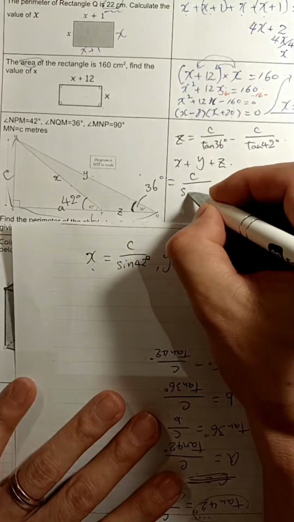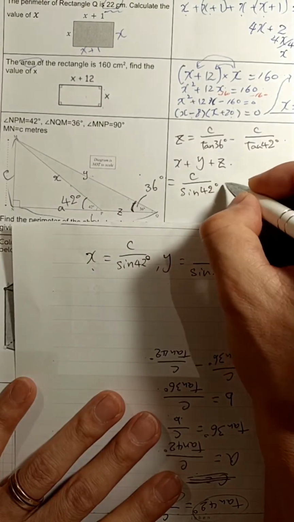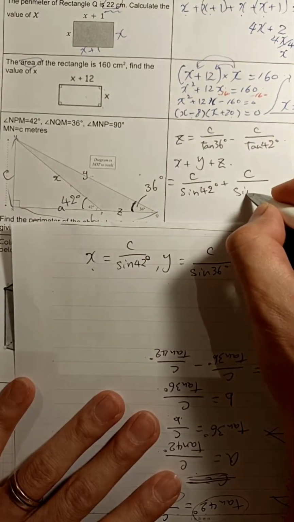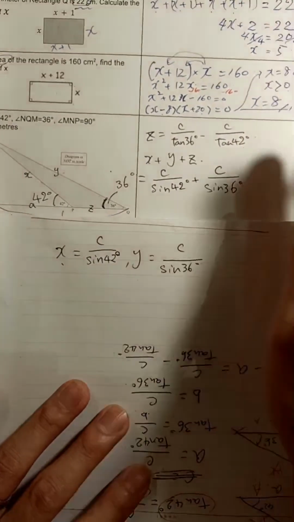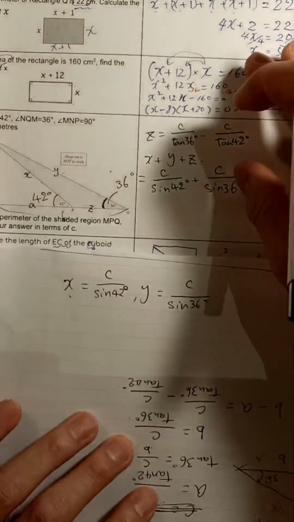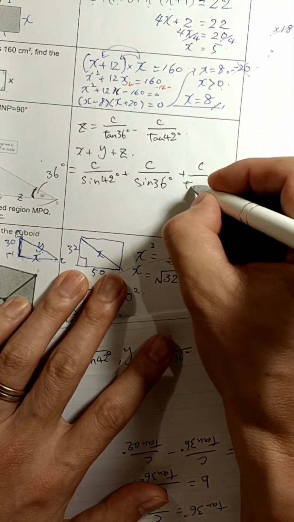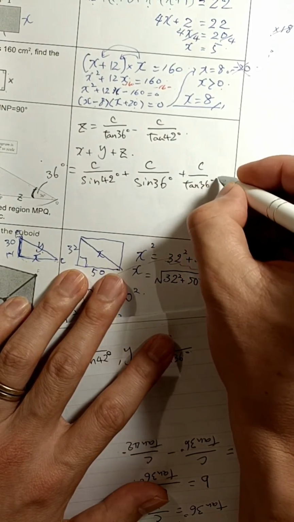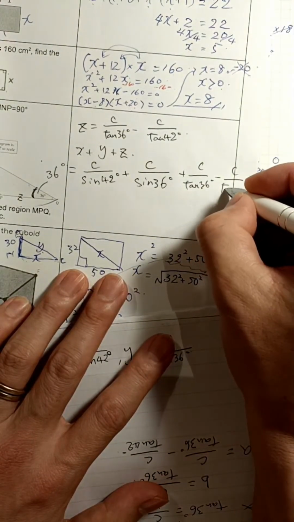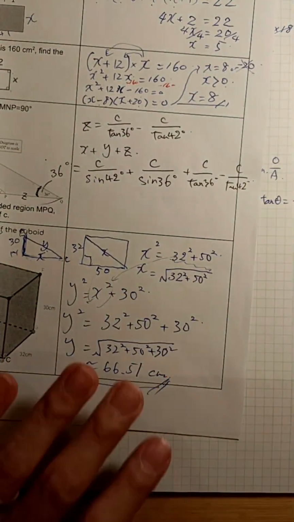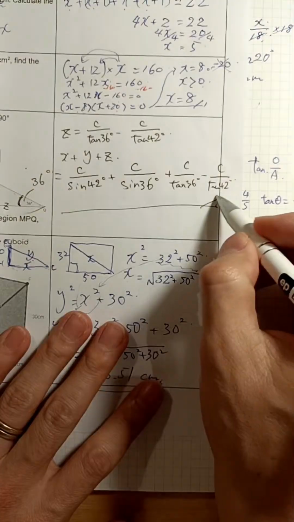C over sine 42 degrees plus Y is C over sine 36 degrees. And then plus, it's going to be long, C over tangent 36 degrees, take away C over tangent 42 degrees. Sorry for the messy writing, but this one is going to be the answer.